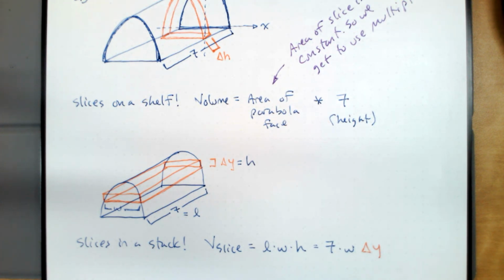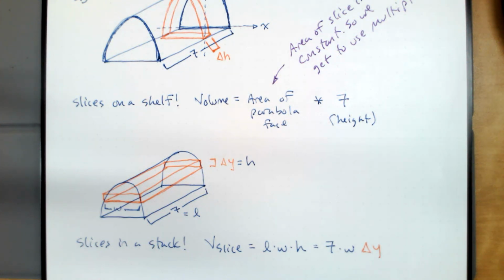Notice that all these slices have the same shape, but different areas. That's why we're not going to be able to do just multiplication. I can't multiply some rectangle by the height. But at least all the slices are rectangles.